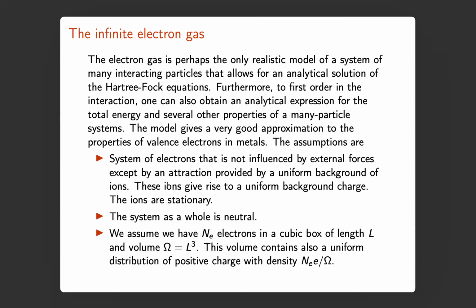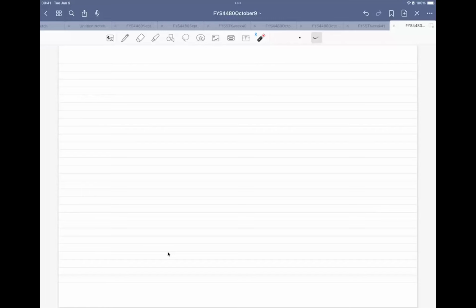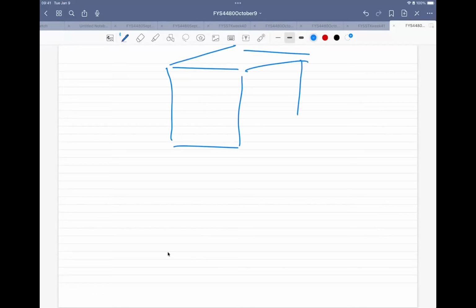So ideally, when you look at a system like this, let's just go back quickly to the whiteboard, to let you develop some intuition. If you think of a typical material where you have some kind of periodic lattice, imagine this is a cubic lattice.